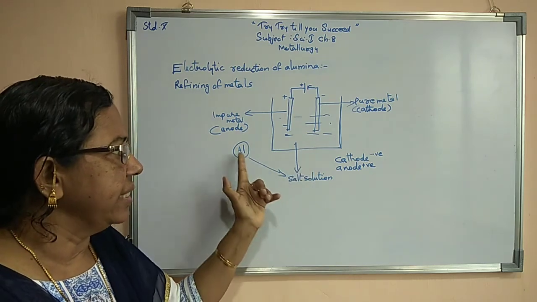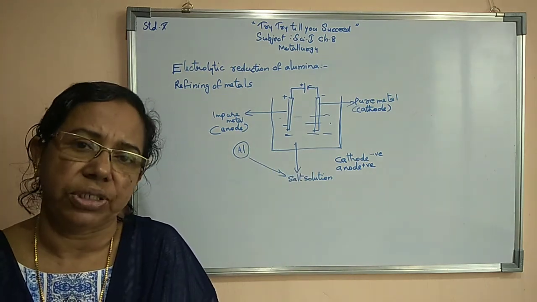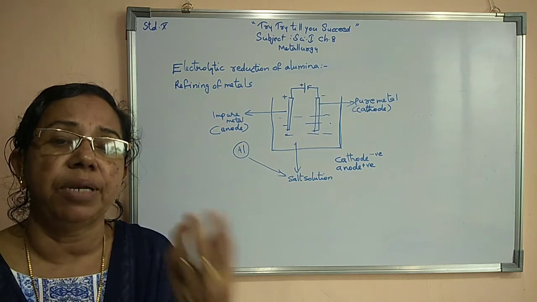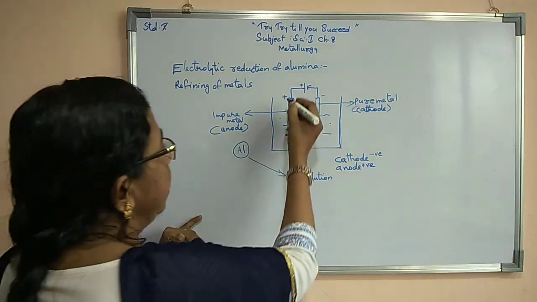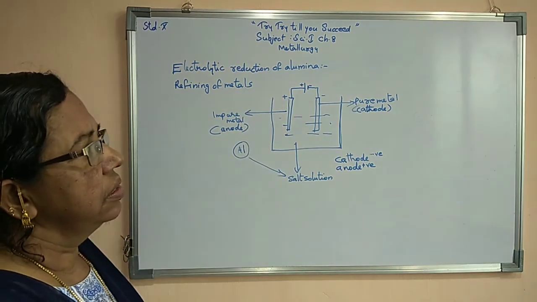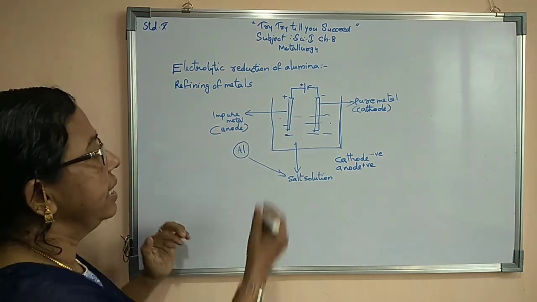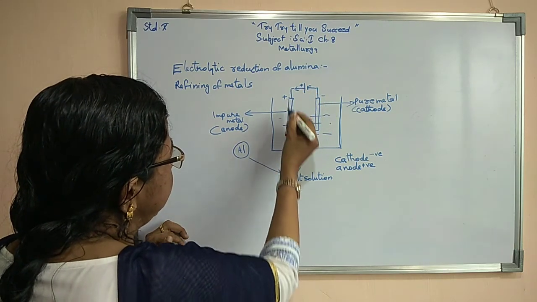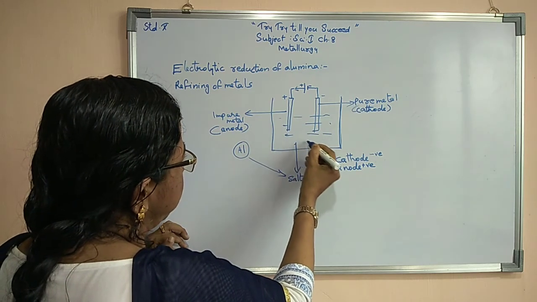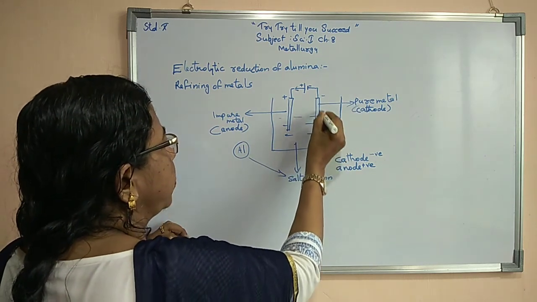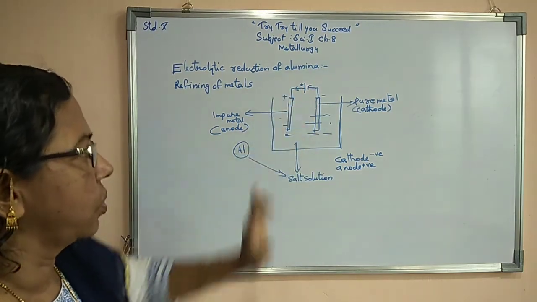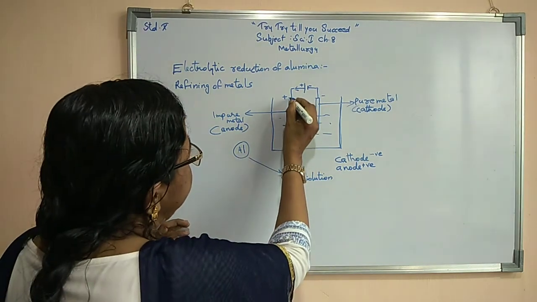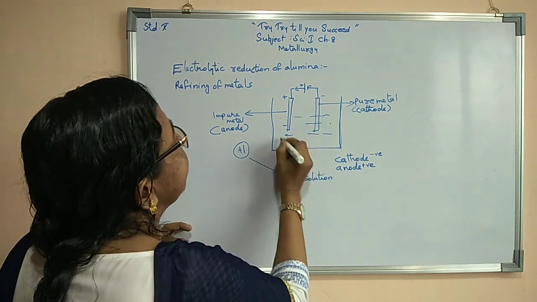Now, as and when we pass current through this electrolyte, current flow will take place from the positive terminal, pass through this anode, through the electrolyte, through the cathode, and finally reach the negative electrode.